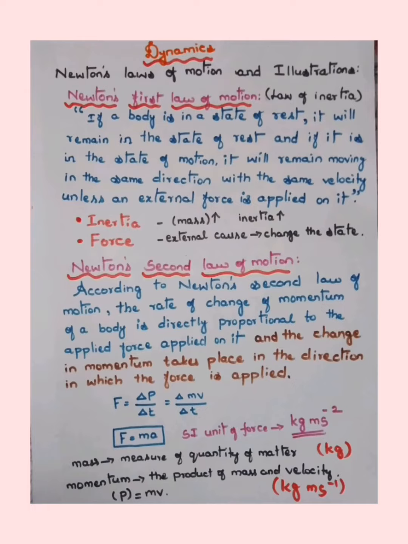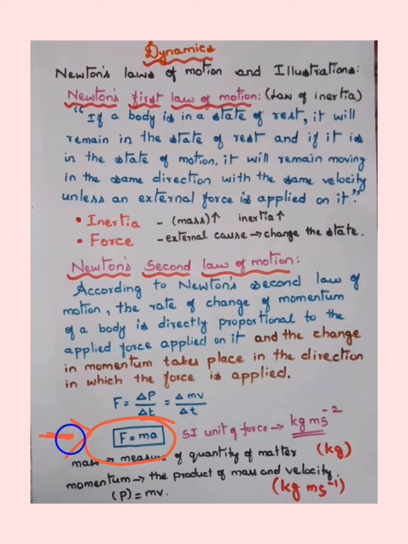We have already learnt about the velocity and acceleration of an object. Acceleration is nothing but change in velocity by time taken. So substitute this value of a here: v by t gives us a, and delta cancels. Therefore, F equals m into a. This is the formula for Newton's second law.